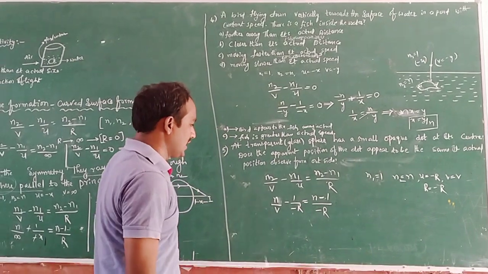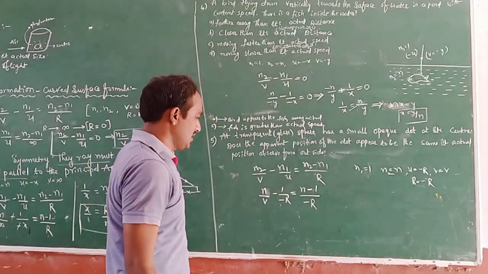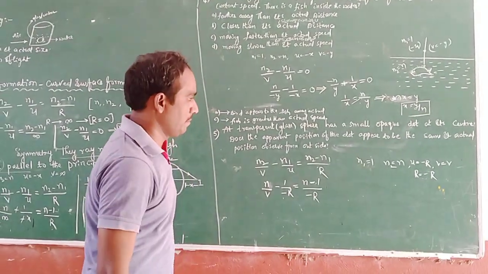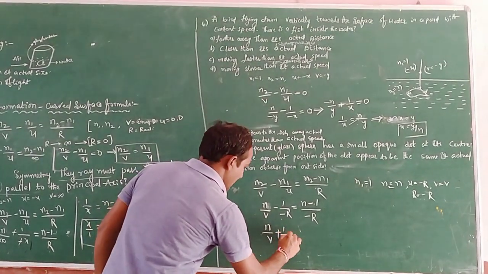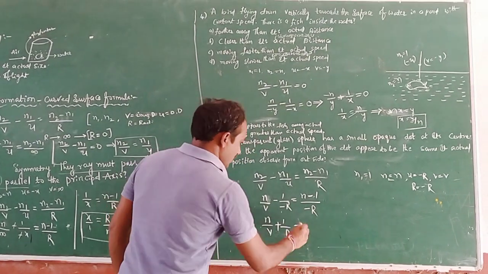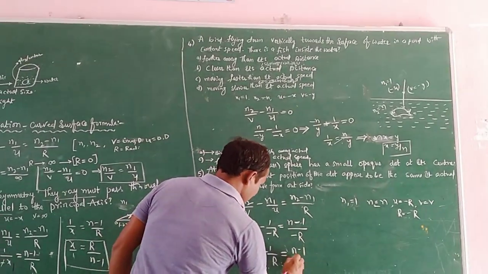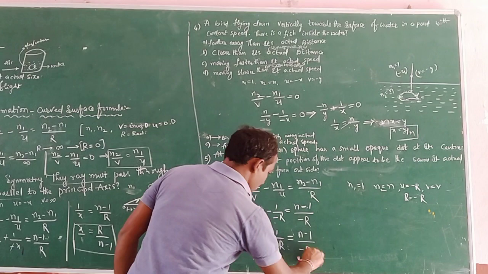So we write here, minus, so that is plus, n by v plus 1 by r is equal to n minus 1 by minus r.